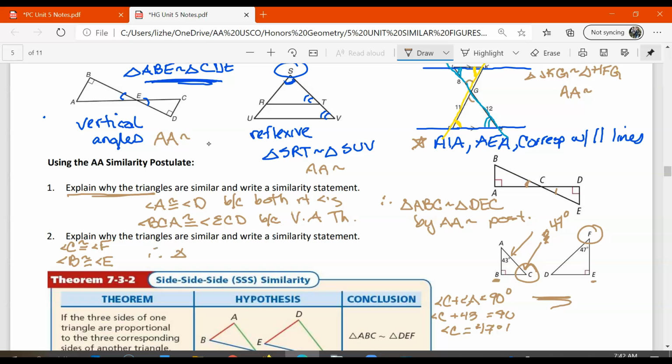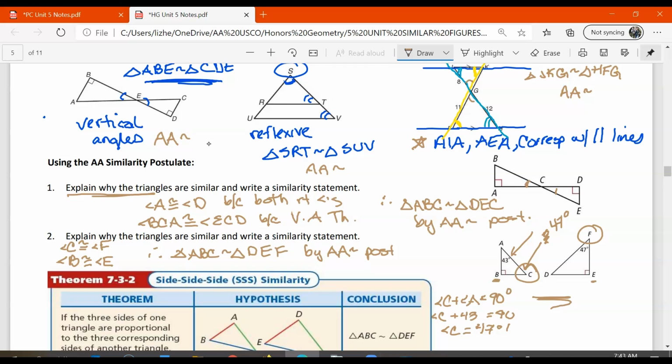Therefore, triangle, now be careful, if I say ABC is similar, I have to get the right order. So angle A actually goes with D, B goes with E, and C goes with F by the AA similarity postulate.